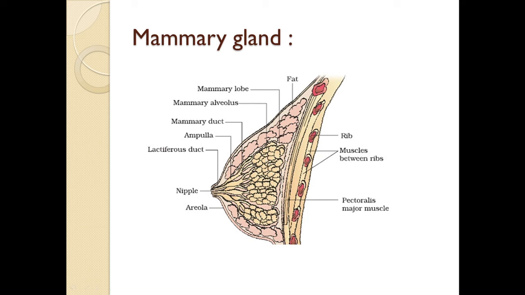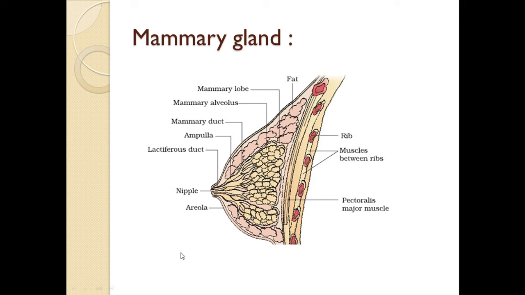The alveoli open into the mammary tubules. Here are the tube-like structures. The tubules of each lobe join to form a mammary duct. Several mammary ducts join to form a wider mammary ampulla.